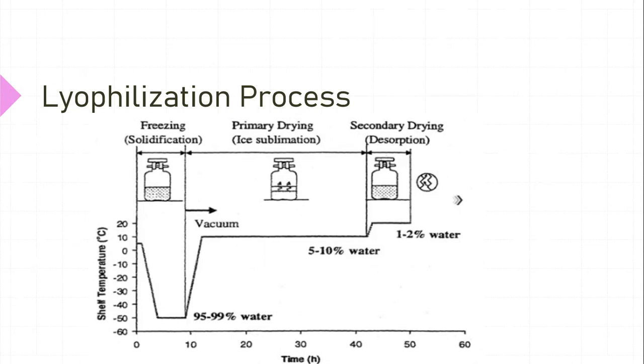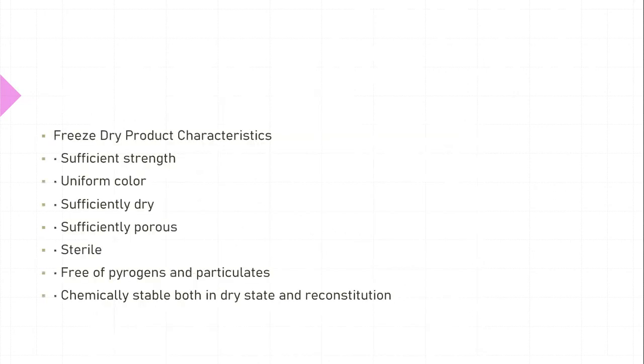When you apply vacuum, then 90 to 95% water is lost. The remaining water, 5 to 10%, is lost in the process of sublimation. And during desorption, 1 to 2% more water is lost.